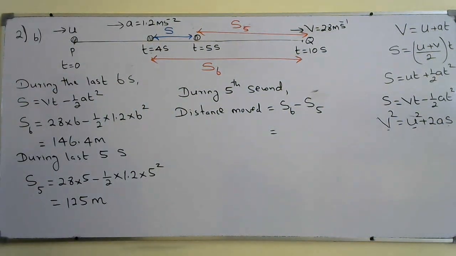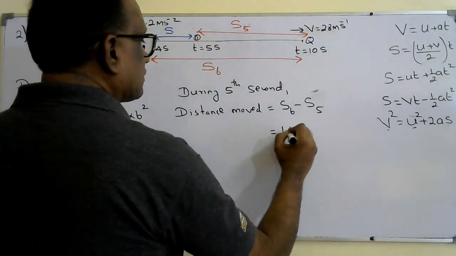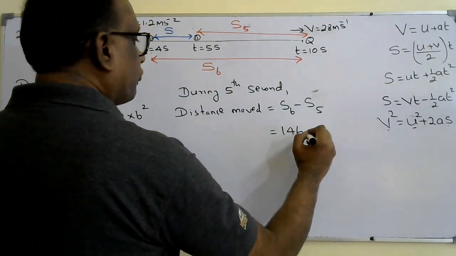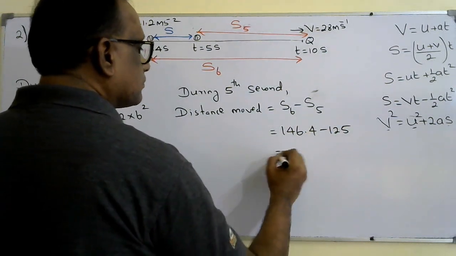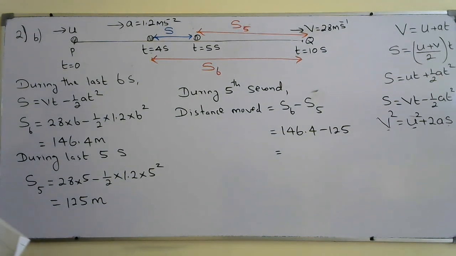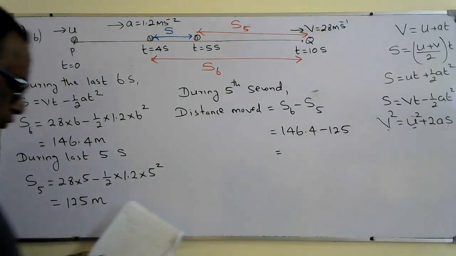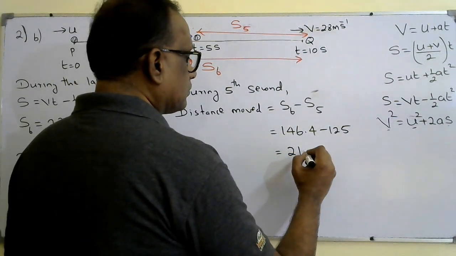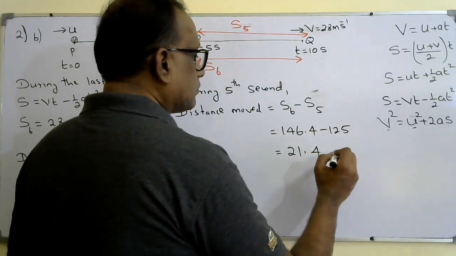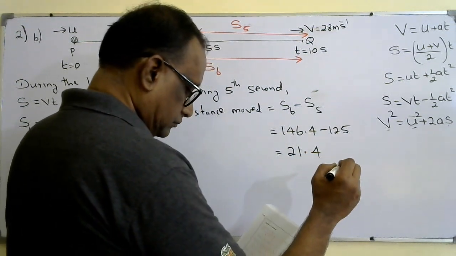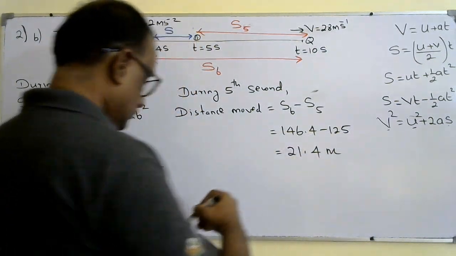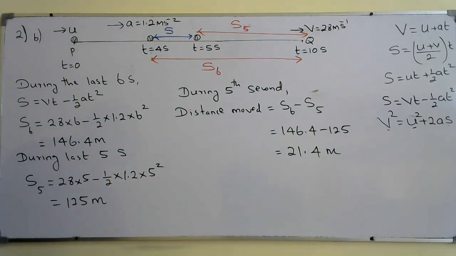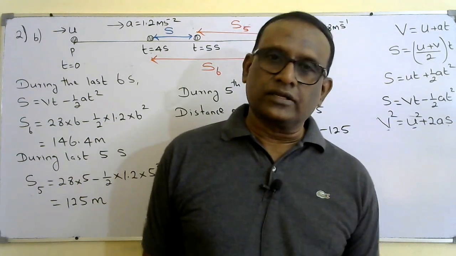So S6 is 146.4 minus 125. That will be 21.4. So same answer as earlier, we got the same answer.